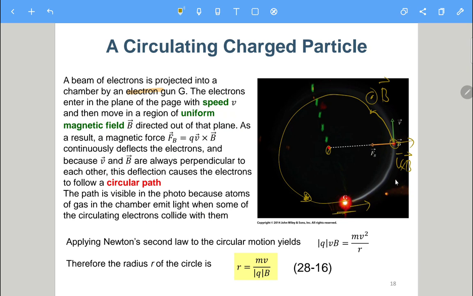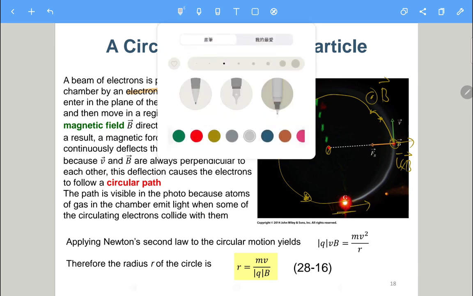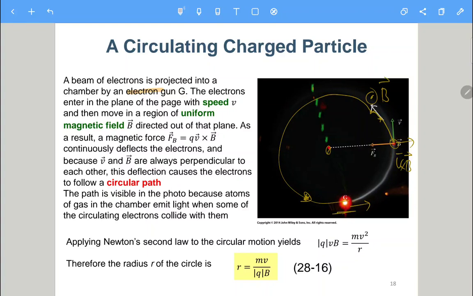Like that, because if this electron at the next moment moves to something like here, then the velocity will point to this side, so the force will also point to the center of the circle. So in this case, we will have a circular motion of the electron.